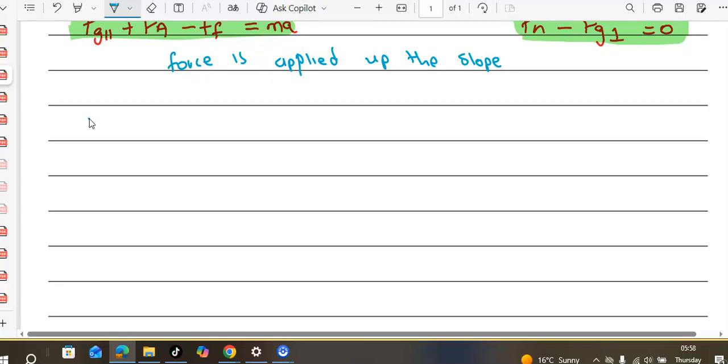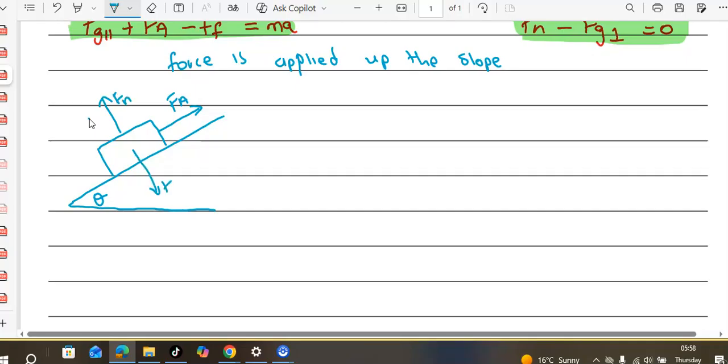So we're going to draw our inclined plane with angle theta, and put our object like this. So now we know that the F applied is going up. This is F applied. Then we have the normal force. Then we have the FG.